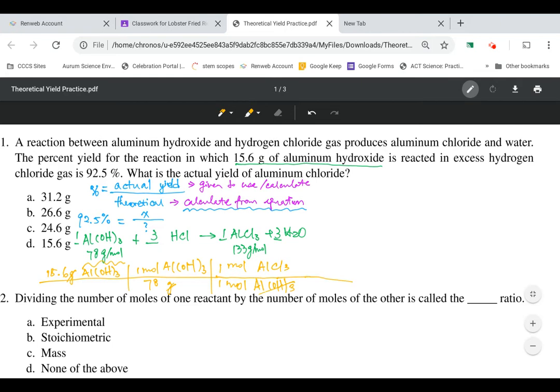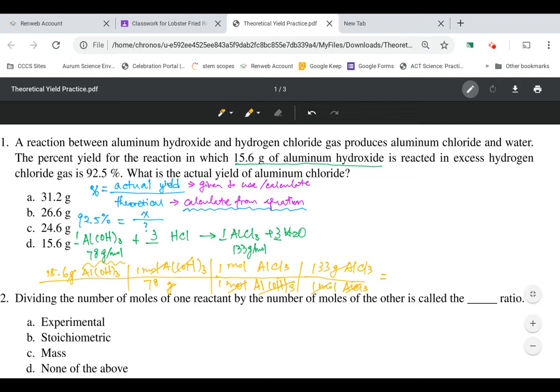All right, so we convert the mole of aluminum hydroxide to mole of aluminum chloride. Now we have to convert back to gram, which is 133 gram AlCl3.